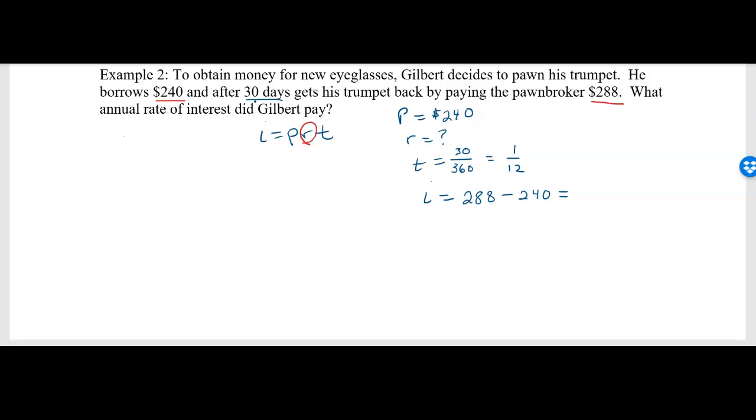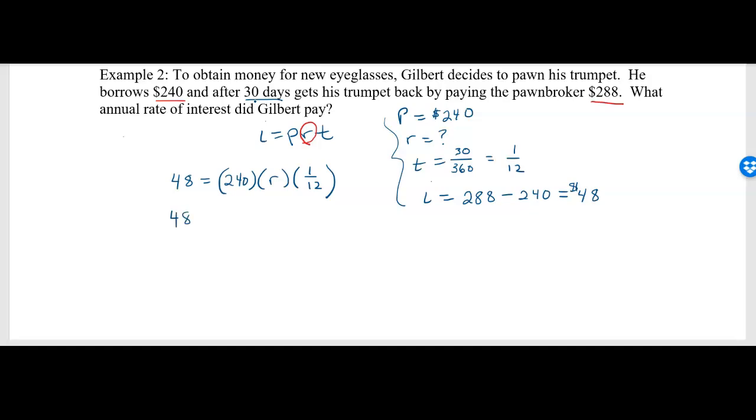In that case, that means $48 would be the interest. All right, now we're ready to plug into the formula. So 48, that's your I, equals P, that's your 240, times R, we don't know what that is, and then times 1/12.